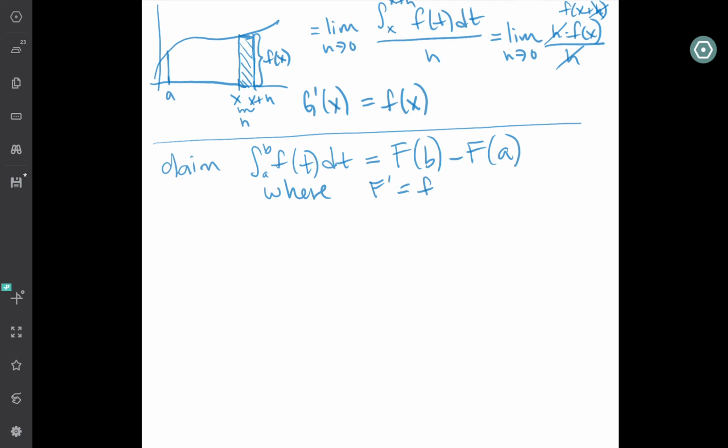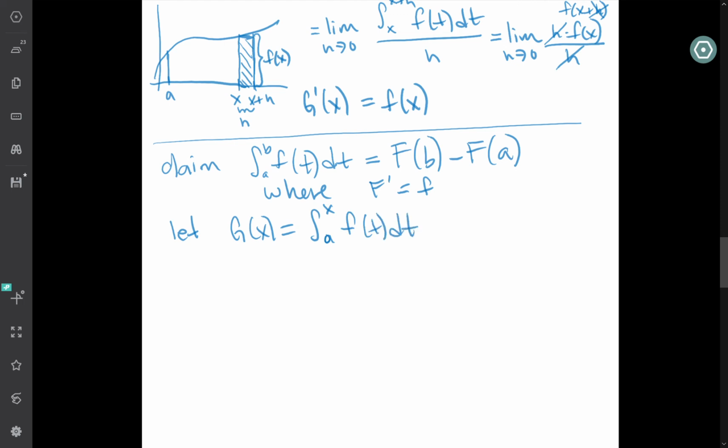So let's just say we have our area function. Let's start with that. Let g of x be the integral from a to x of f of t dt. And we know now that this is an antiderivative of little f.